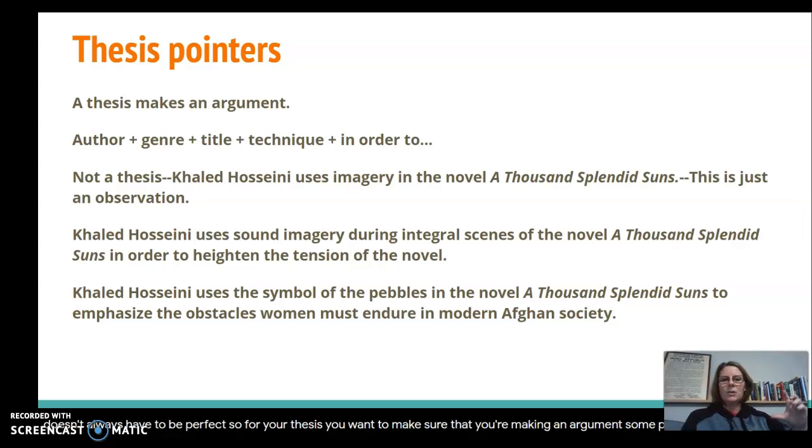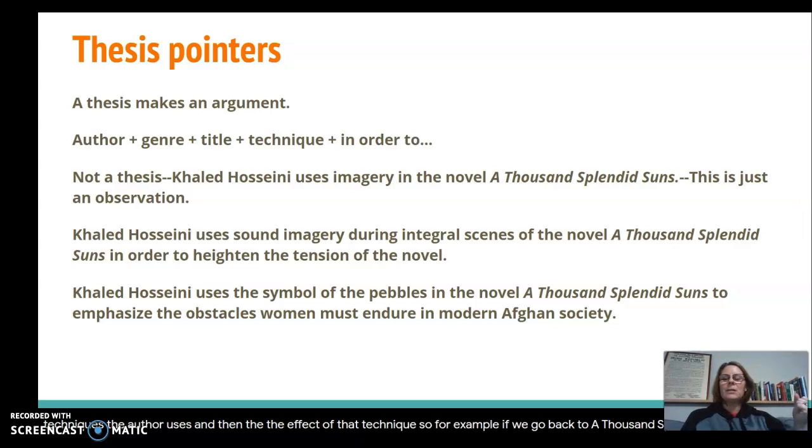So that introduction has to have the author, it has to have the genre of the work, it has to have the title or titles, and then you would identify techniques the author uses, and then the effect of that technique.